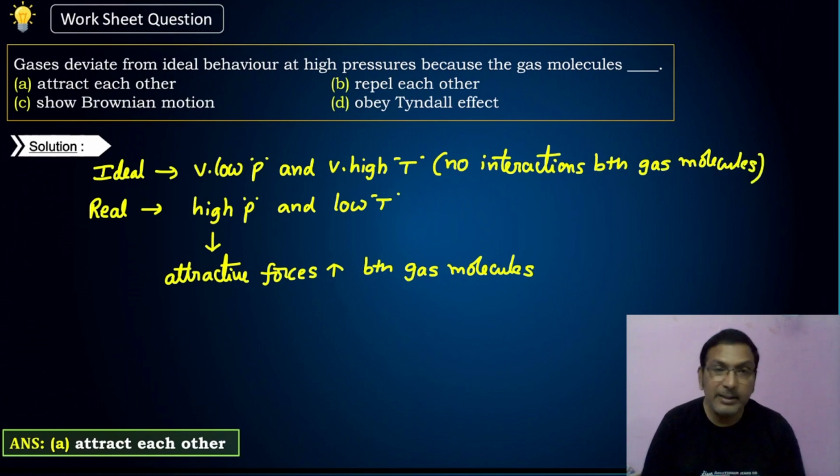But at high pressure there will be attractive forces. So therefore, due to this reason, gas is deviating from ideal behavior. Option A. So no interactions means attractive forces, repulsive forces will not be there at ideal conditions. But at high pressure, attractive forces between gas molecules will increase. Therefore, deviation will be more. Next.